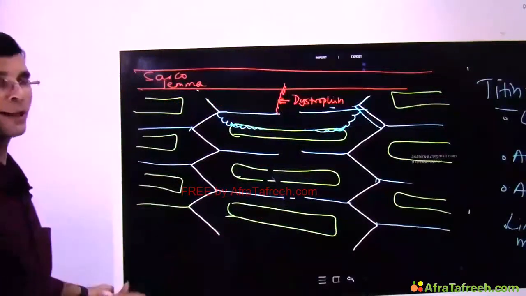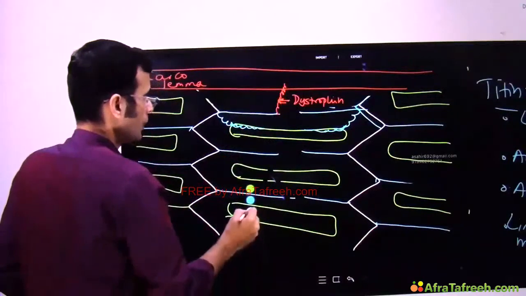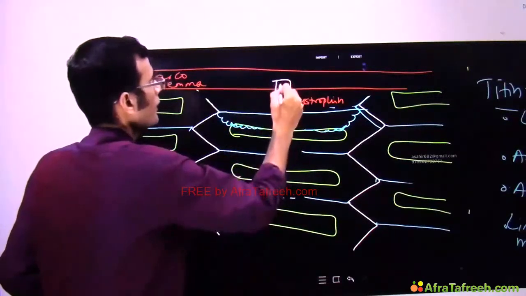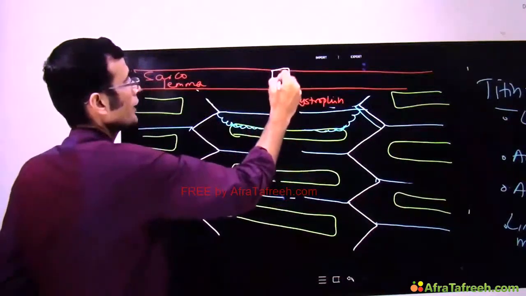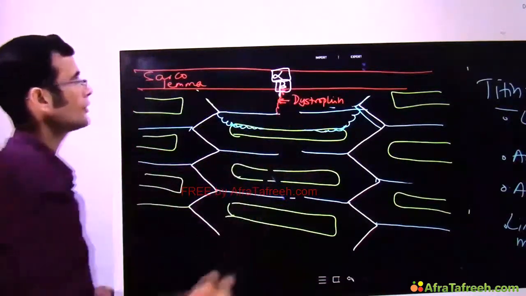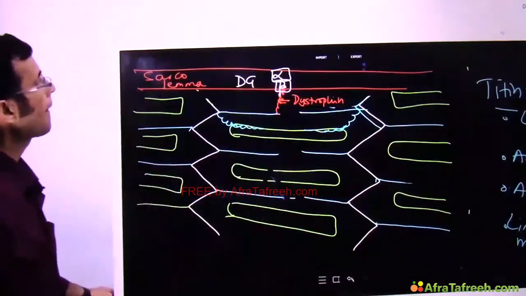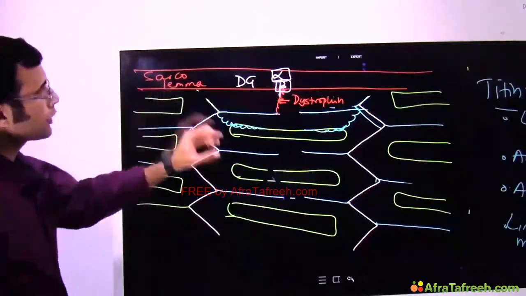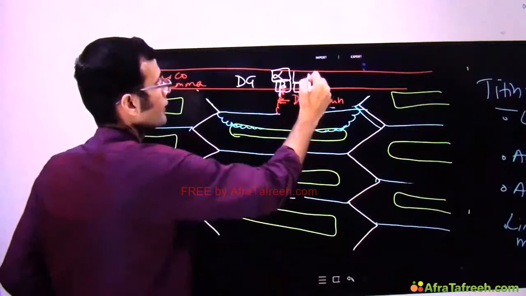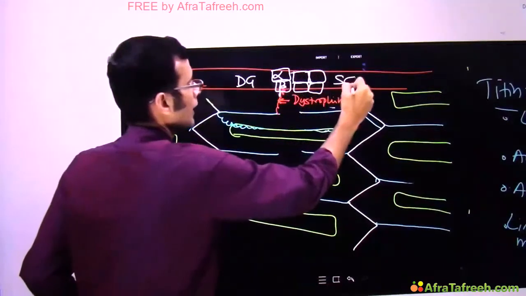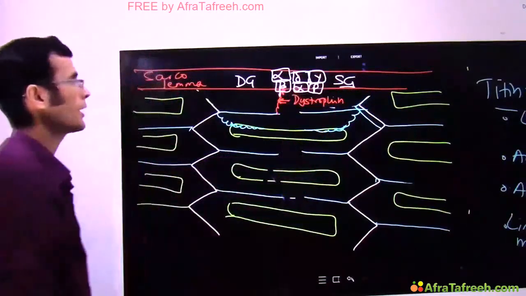In the sarcolemma, there are glycoproteins. In all, there are 6 glycoprotein subunits. What are they? Dystrophin is directly linked to the beta-dystroglycan, which in turn is associated with alpha-dystroglycan. So 2 subunits of dystroglycans, and these dystroglycans are in turn associated with 4 subunits of sarcoglycans: alpha, beta, gamma, delta sarcoglycans.